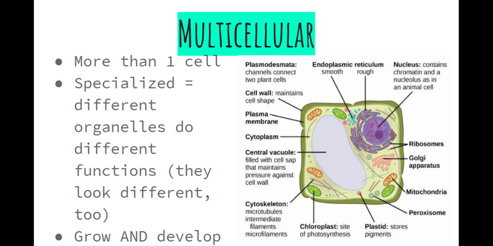So let's think about different jobs that exist in the real world. Let's get away from cells for a second. In the real world, I could have a farmer, I could have a doctor, I could have a janitor. Think about what they do. They do different things. They're specialized. They understand a different subset of information.